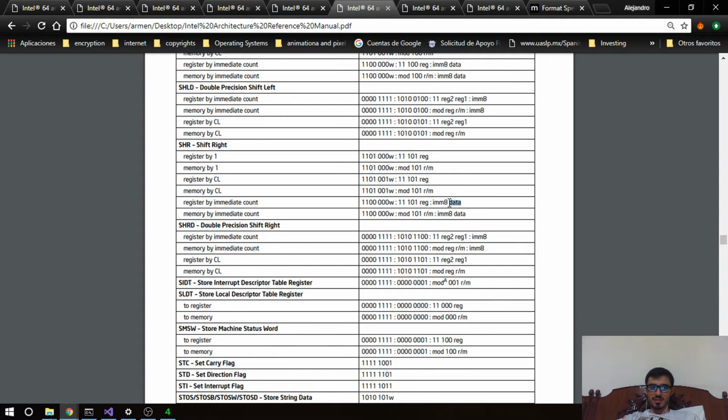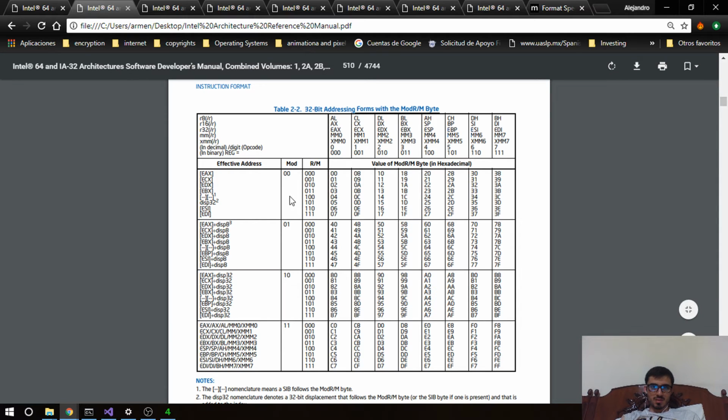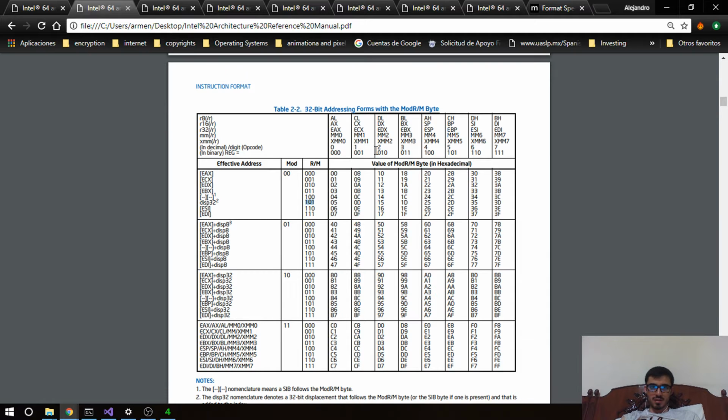For example, we have here immediates, and we have this encoding for 101, which, if you remember, this is 101. So reg is 101, is this.